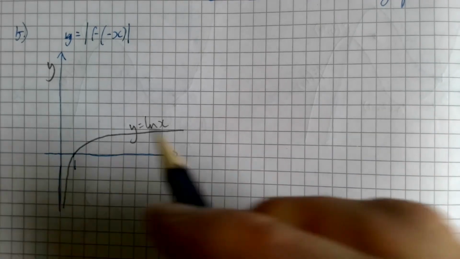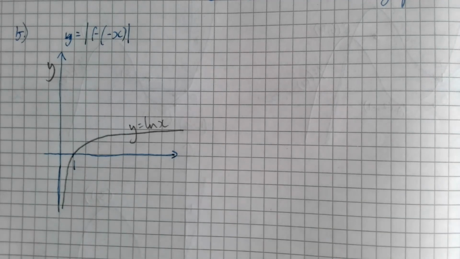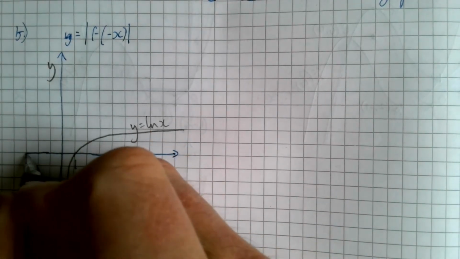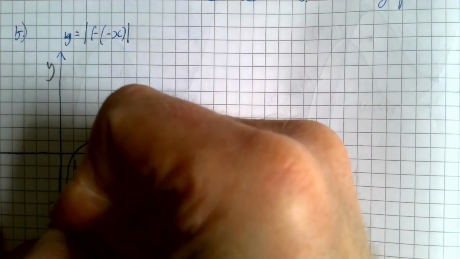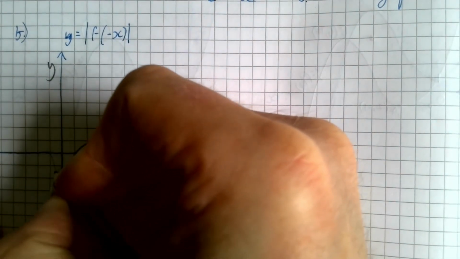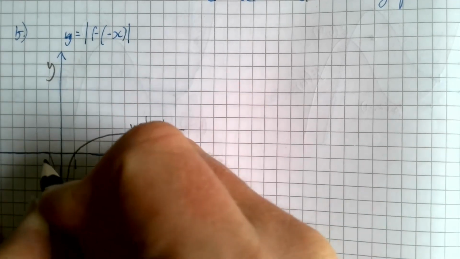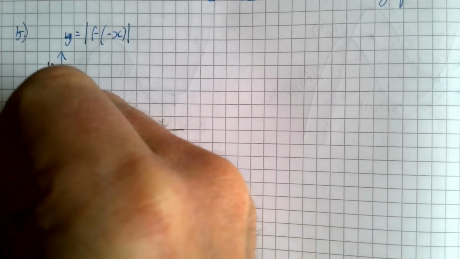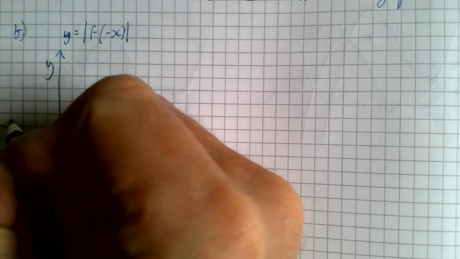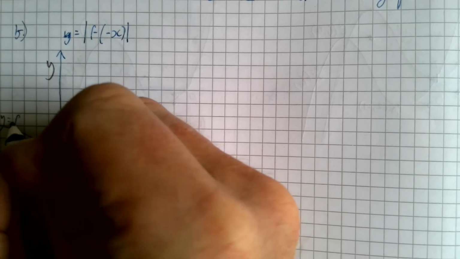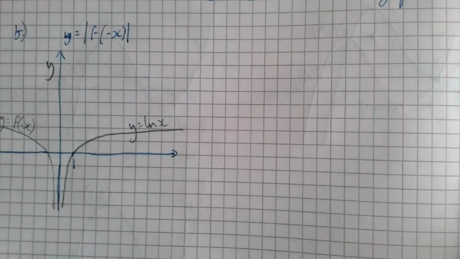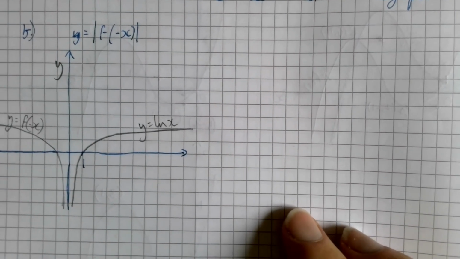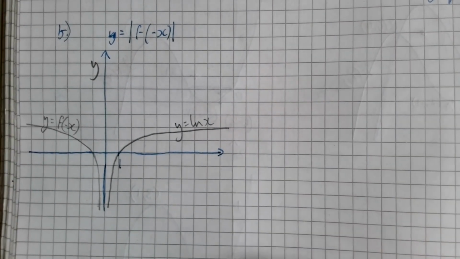Therefore, I'm going to have a reflection in the y-axis, aren't I? So I always like to think these things through instead of just trying to dumbly remember a bunch of rules. So that is going to be y equals f of minus x.